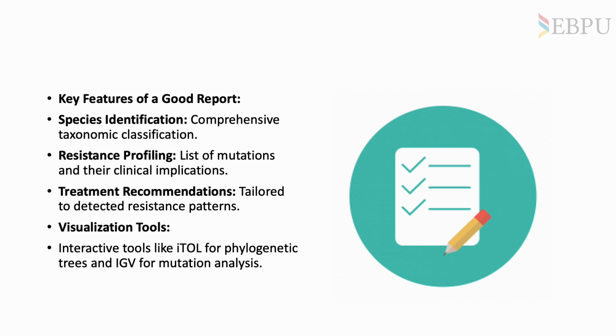Resistance profiling, a clear list of mutations with known or suspected links to drug resistance. Treatment recommendations based on standard protocols, guidance based on the drug resistance profile to inform targeted therapy. And visualization tools like iTOL or IGV help clinicians and microbiologists to interpret data more easily and make informed decisions.